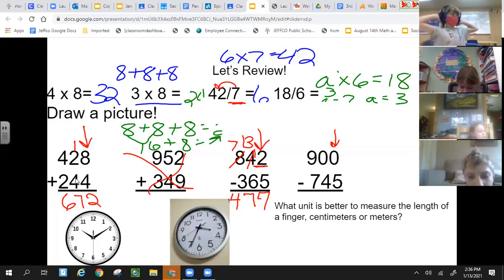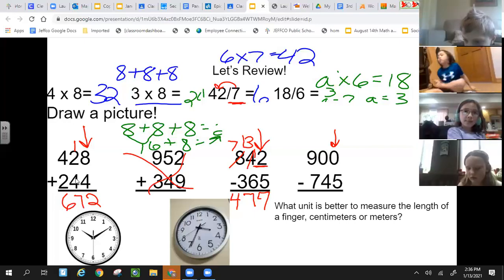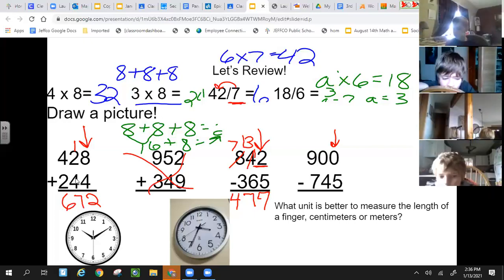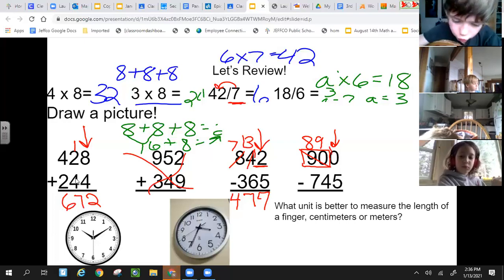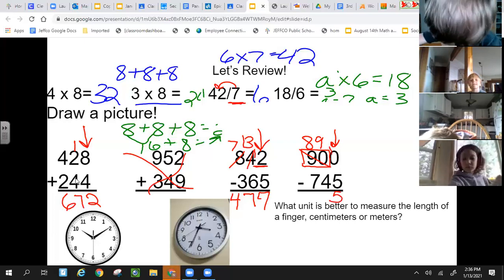Go ahead, Haley Bucher. So the first thing you have to do is take 0 minus 5. So you can't do that. So you're going to have to borrow from the 90 and make it an 85, and then make the 0 into a 10, and then 10 take away 5 is 5.